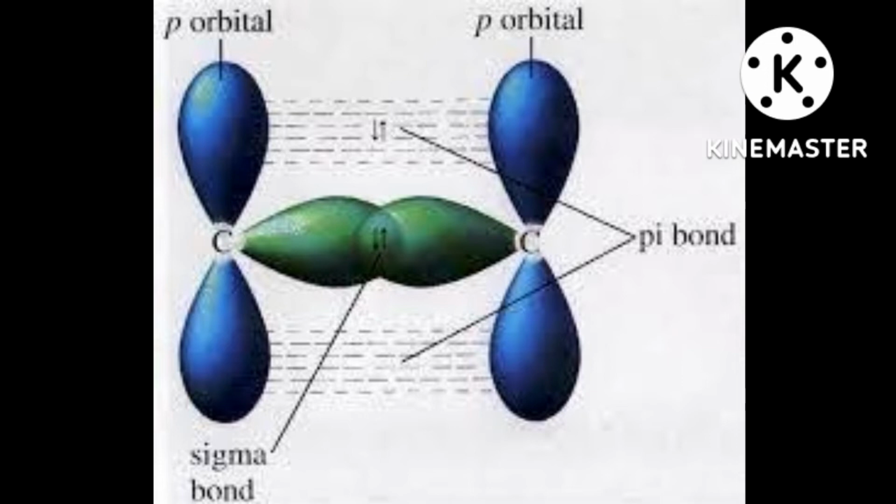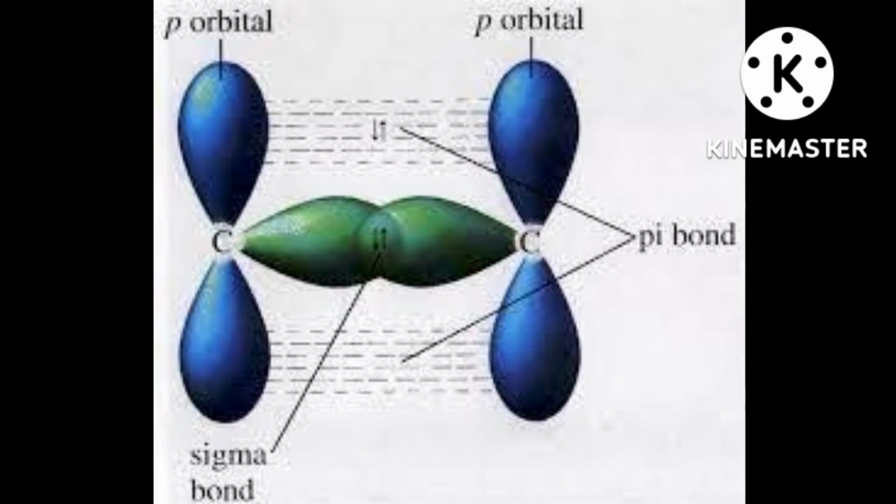In NH3 and H2O, HNH means hydrogen, nitrogen, hydrogen. H2O is V-shaped, as I told you. In a normal condition the bond angle should be 90 degrees, but it is not.